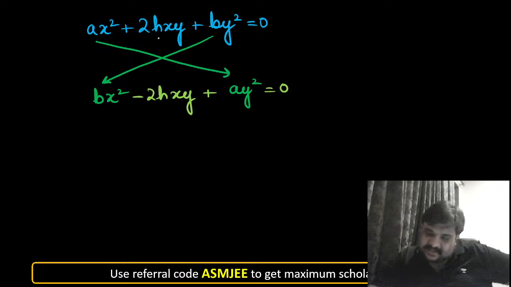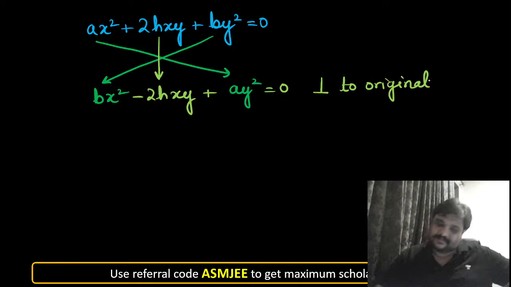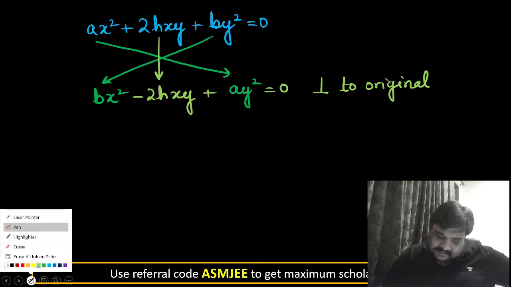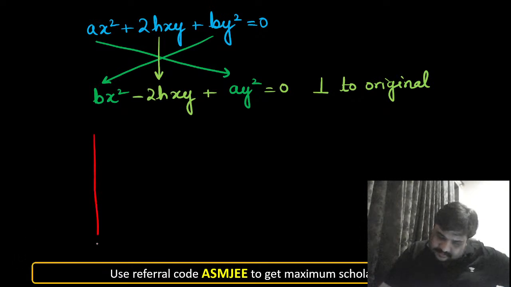And make this one negative. Then you get the perpendicular pair, perpendicular to the original. This is something that you can learn. Perpendicular to original means, I'll show you. Interchange, put it here, and just make this negative.